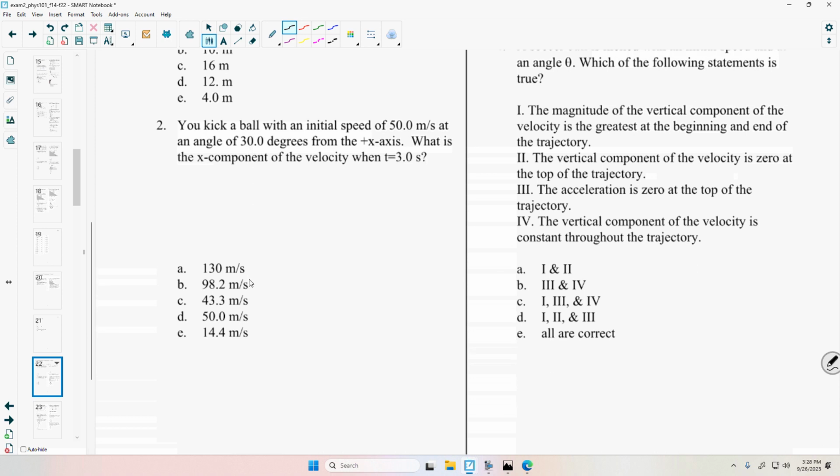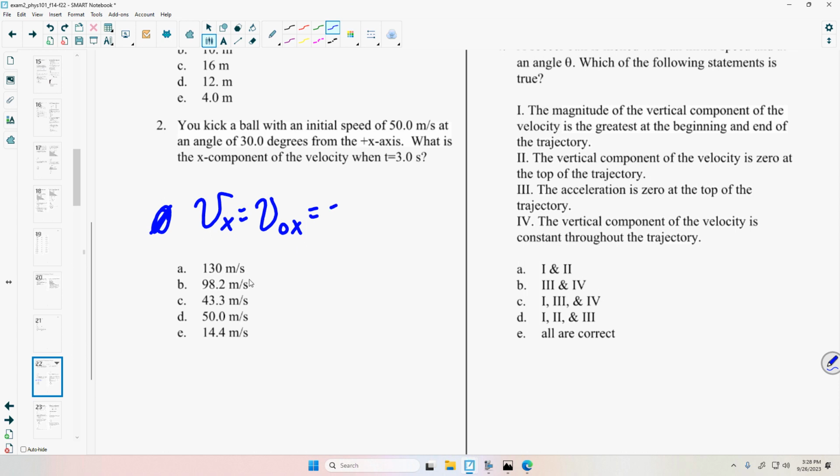Okay, so I want to know the x component of the velocity. Nothing really matters except for the initial velocity and the angle, because in projectile motion, Vx is equal to V naught x. So if I know V naught x, I know Vx. It doesn't change.